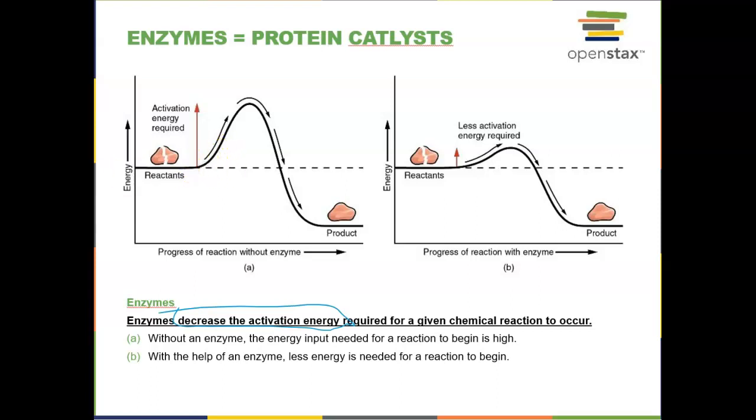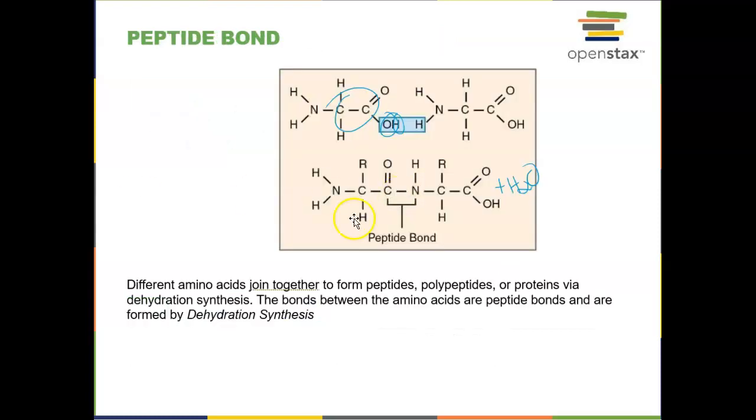So if we go back to the protein, before you can get this peptide bond to form, you have to break this bond here and that bond there. So that is the activation energy required to form a peptide bond, and the ribosome makes it easier for those bonds to break, so that you can form this new bond.